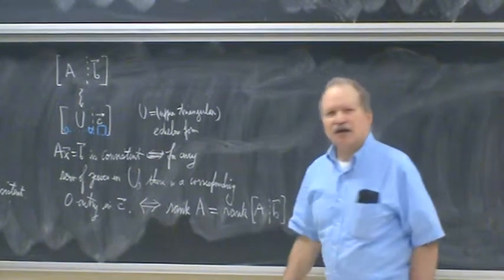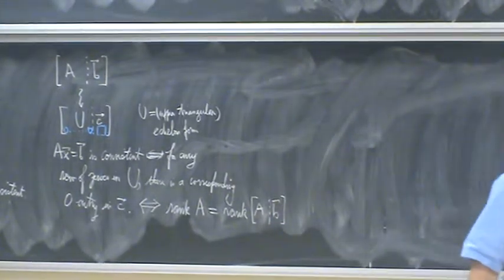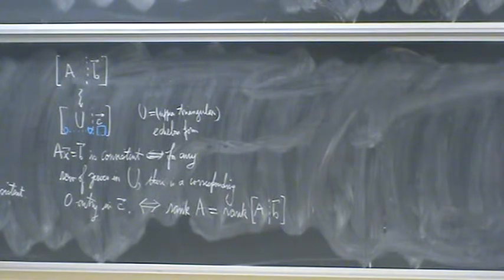Can you give me a sufficient condition for AX equals B always to be consistent, no matter what B you put?